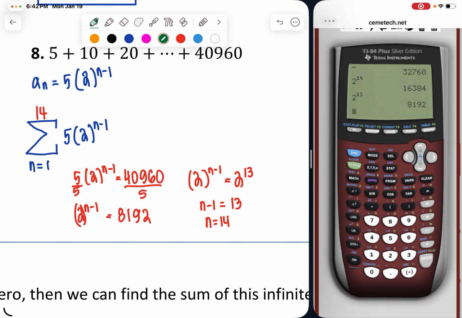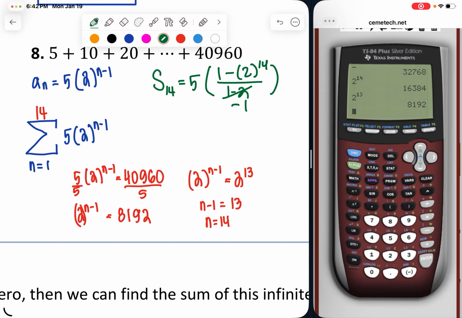All right, so now I'm going to find the sum of this series right here. It's geometric, as I said before. That is the 14 terms. So I need my first term, a sub 1, which is 5, times 1 minus my ratio, 2 to the 14th power, over 1 minus 2. See, once you've got those things, it's not a big deal.